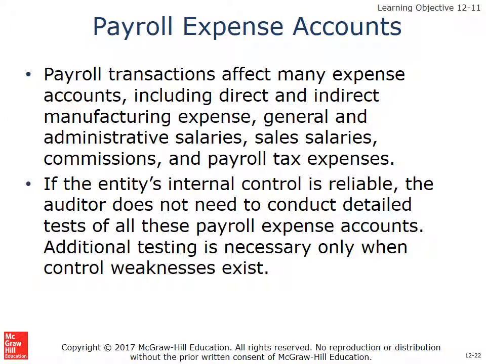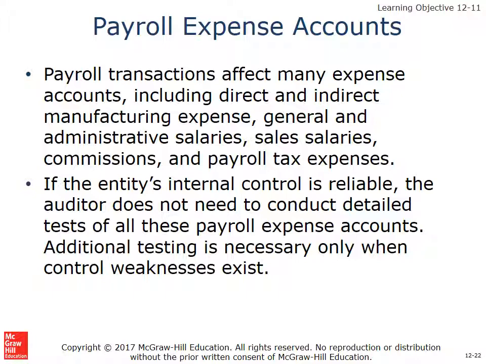When it comes to our payroll expense accounts, we want to make sure payroll transactions affect many expense accounts, including direct and indirect manufacturing expense, G&A, sales, commissions, and payroll taxes. So if the entity's internal control is reliable, the auditor does not need to conduct detailed tests of all these payroll expense accounts.